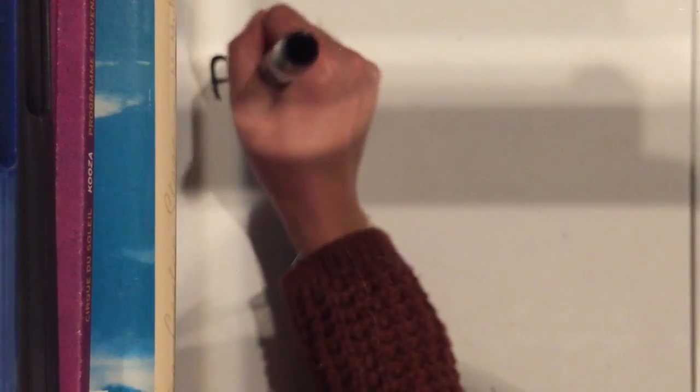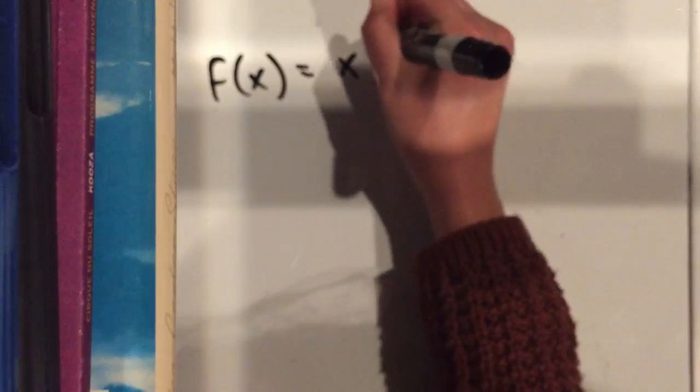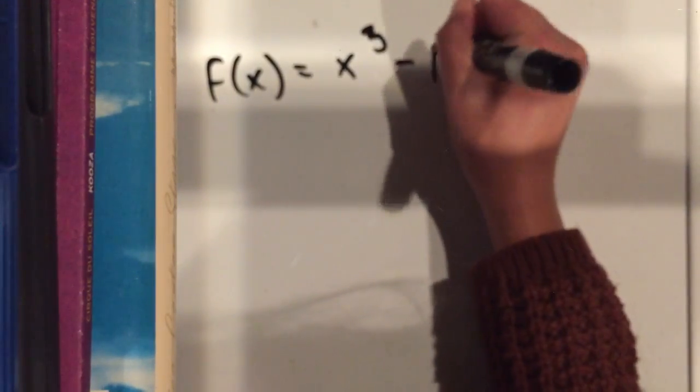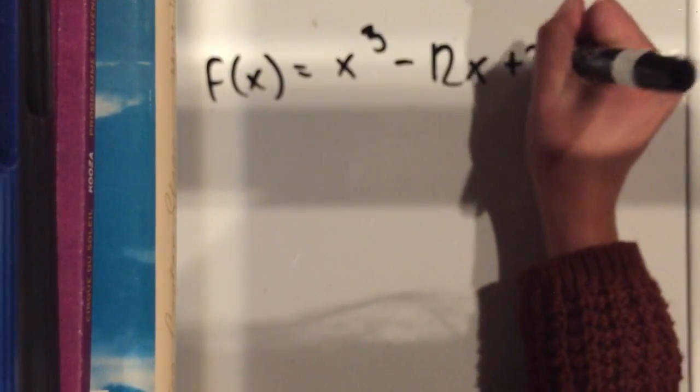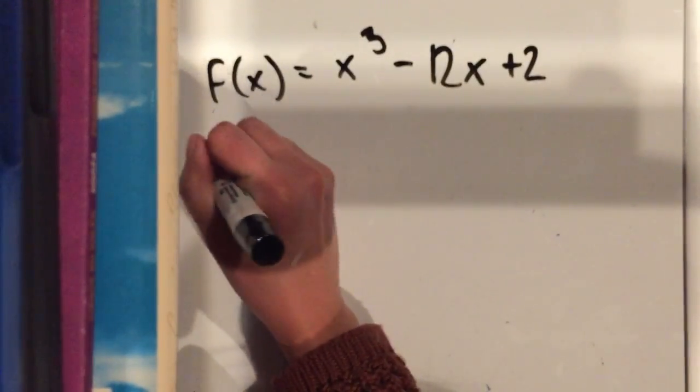So if we're given a function, the first step is to find the derivative. So here's a function. f of x is equal to x cubed minus 12x plus 2. And here's the derivative.